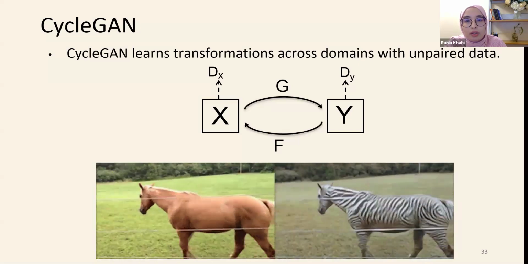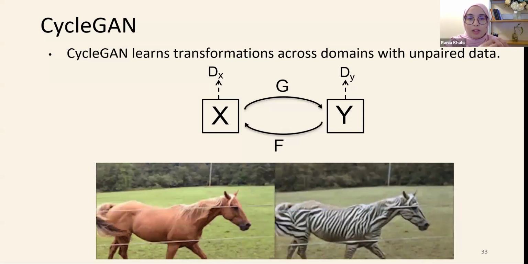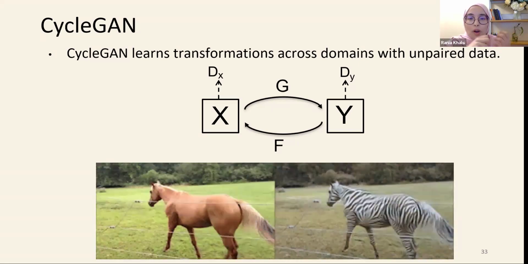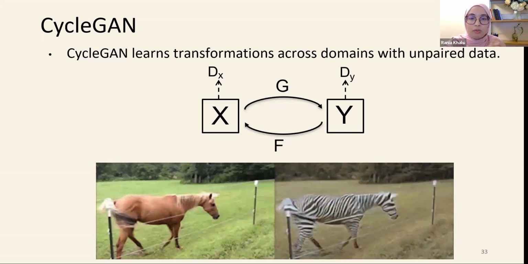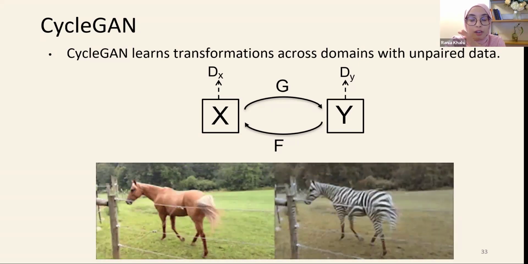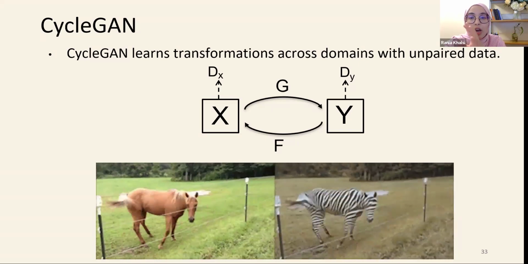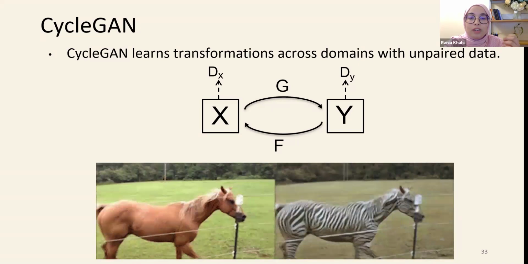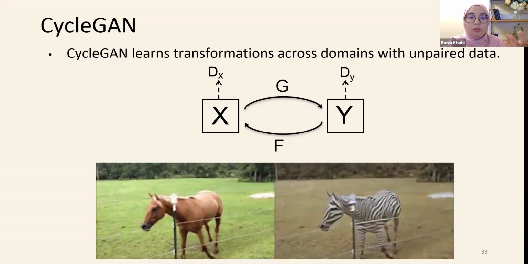We have two generator-discriminator pairs, one for each domain, ensuring that if you translate an image to the other domain and then go back, you recover something close to the original one.